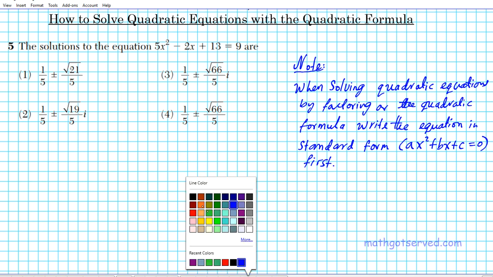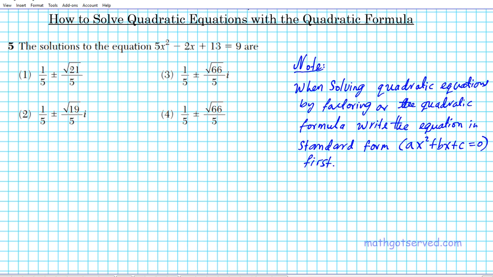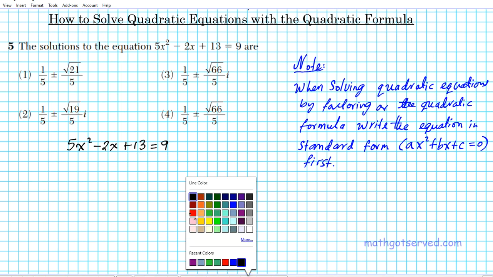As you can see, this equation is not in standard form. Do you see why? It is not in standard form because it has to be equal to 0. Everything on the left side is fine, but there's a constant on the right side, which is not acceptable.